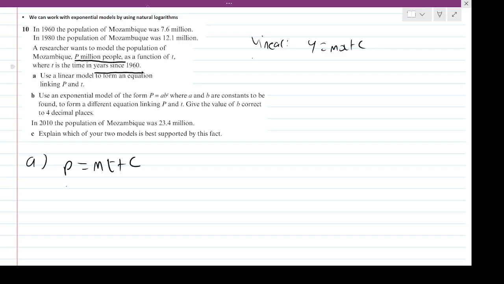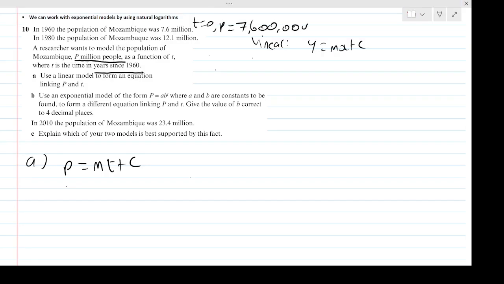But I've got these two conditions here, right? 1960, the population is 7.6 million. Well, t is years after 1960. So at 1960, that's the initial time. That's when t is 0, right? That's the start. So t is 0, then the population, well, 7.6 million, but it wouldn't be 7,600,000 million, right?